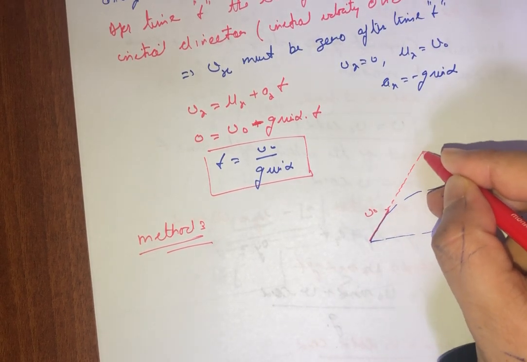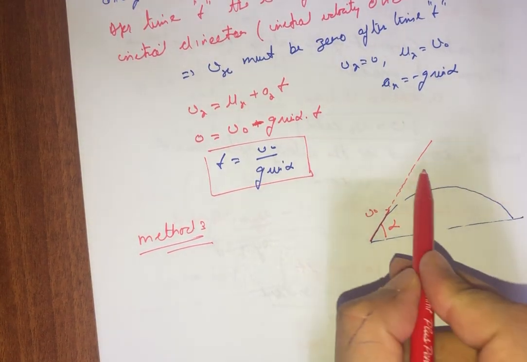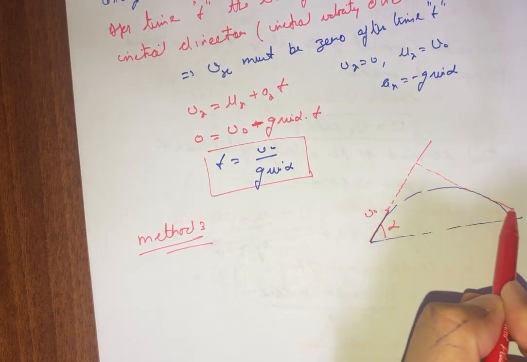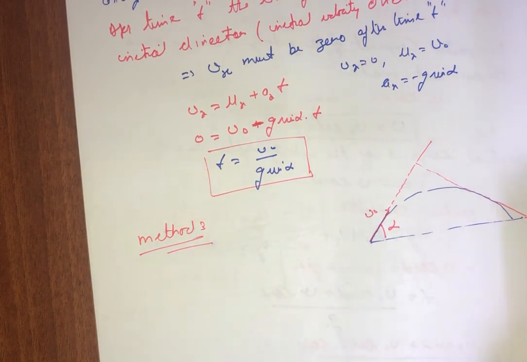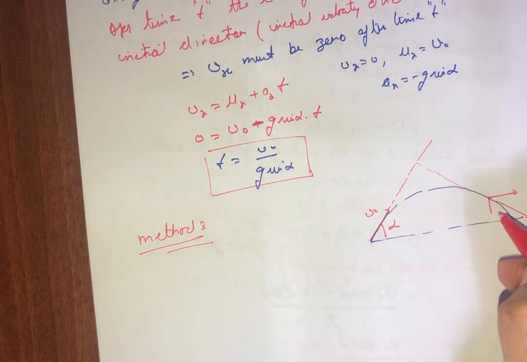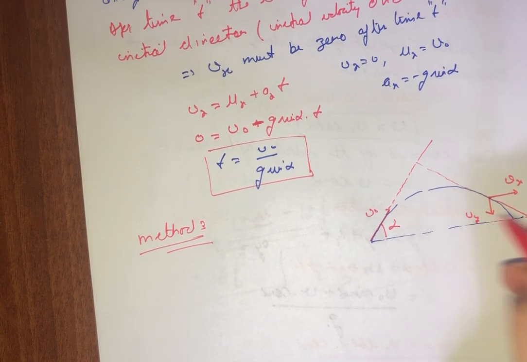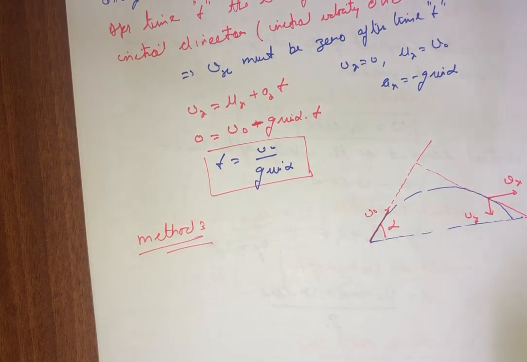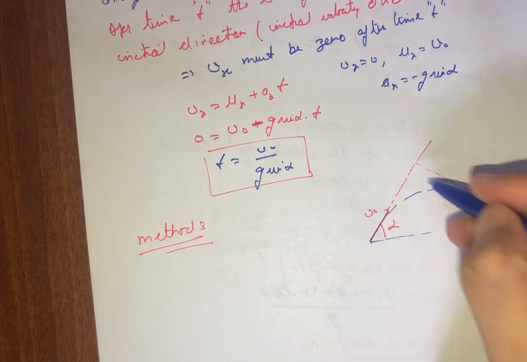So let us project it again. Angle is given as alpha, and it will be coming perpendicular, suppose in this direction. This is final velocity V, and it is going to have two components, Vx and Vy, and it will be making an angle of pi by 2 plus alpha. Okay, and this is 90 degree.